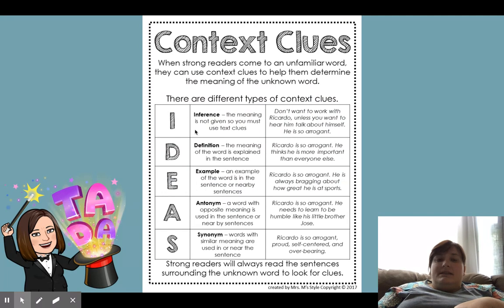So the I in IDEAS is inference. The meaning is not given explicitly, so you must use text clues. And over here you have an example of that. So you're using the clues from the text. Don't want to work with Ricardo unless you want to hear him talk about himself. He is so arrogant.